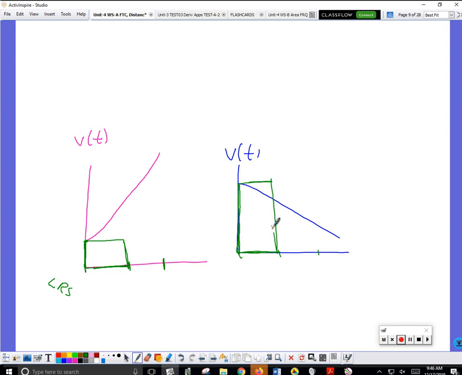Now we have an overestimate. So if v of t is increasing, and we do a left Riemann sum, we're finding an underestimate. But if v of t is decreasing, and we do a left Riemann sum, we're going to be finding an overestimate.